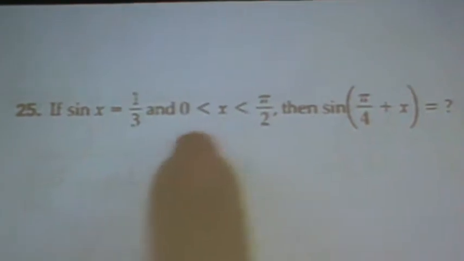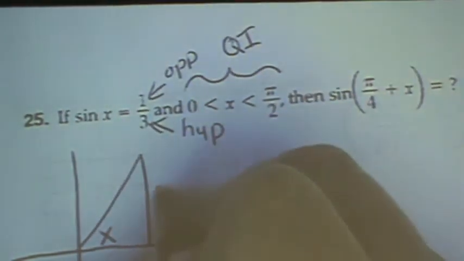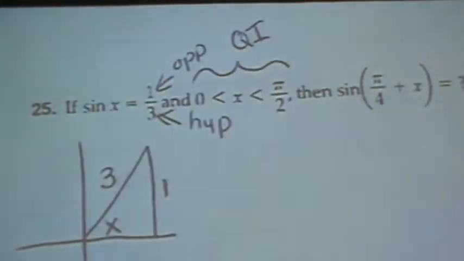That means we're in quadrant 1. Okay, so let's draw. You are in quadrant 1. So our x value, this is the side opposite over the hypotenuse. So we're going to call this a 1, this a 3.